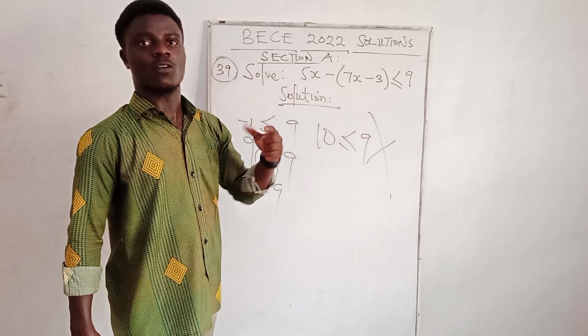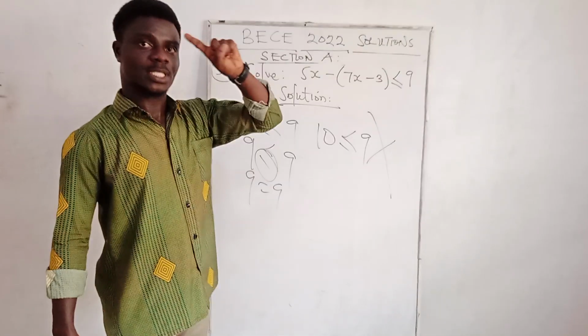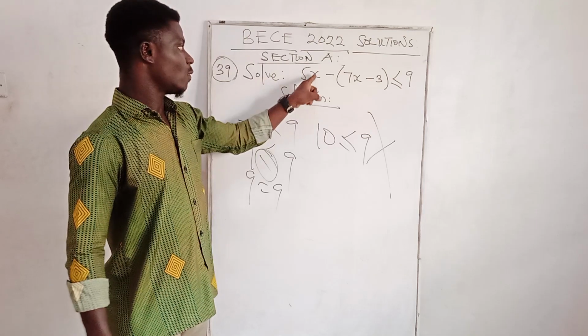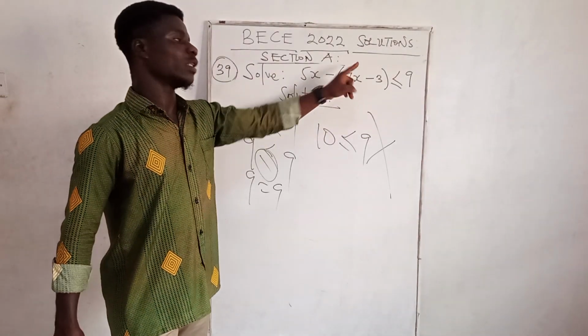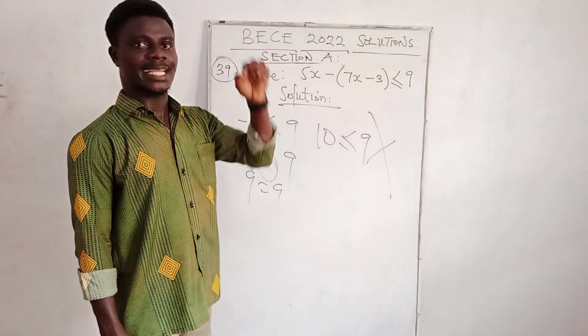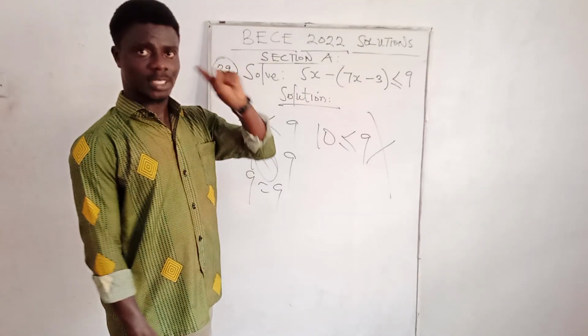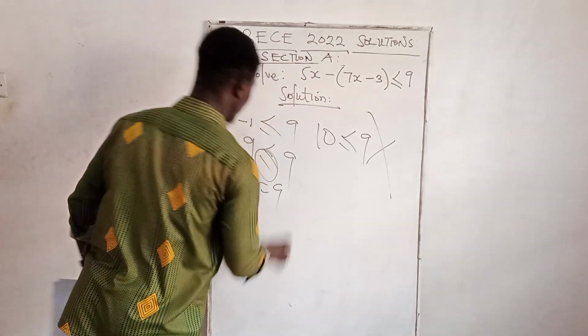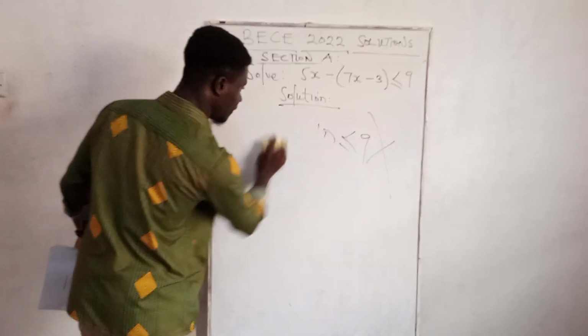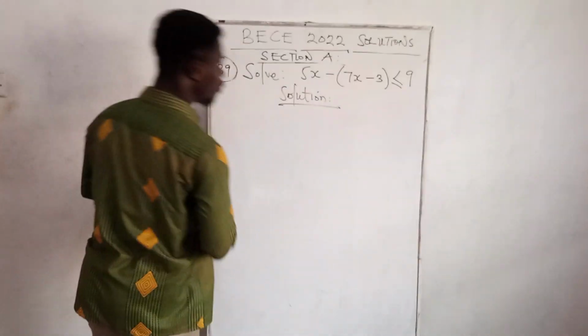And the highest power of the variable inside must be what? 1. The highest exponent, index, superscript, must be 1. So now, let's proceed and see how best we can solve that.